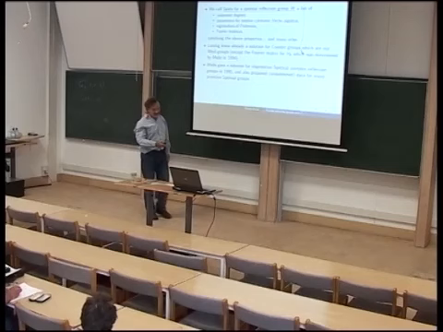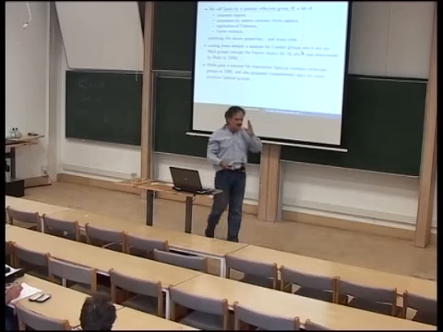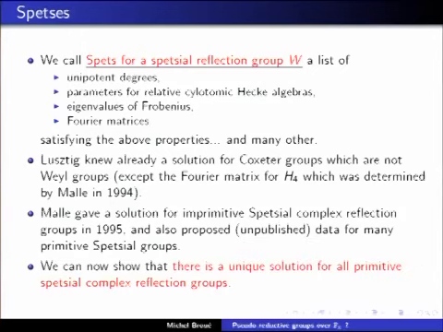So he gives the complete solution, which is kind of terrible combinatorics, but it works. And he also proposed some partial data for many primitive spetsial groups. And now we can show and produce a unique solution for all primitive spetsial complex reflection groups.